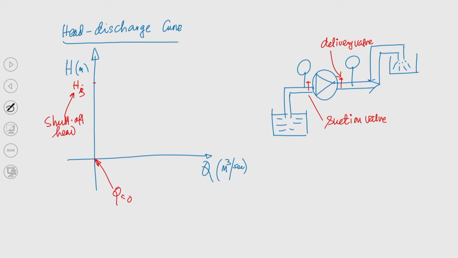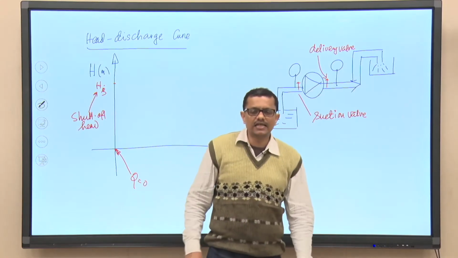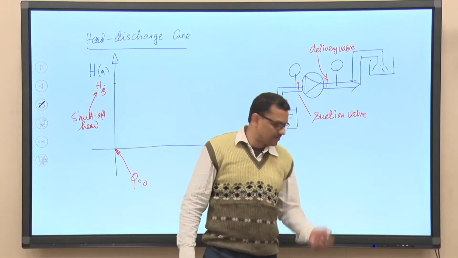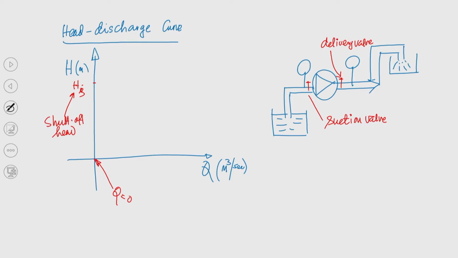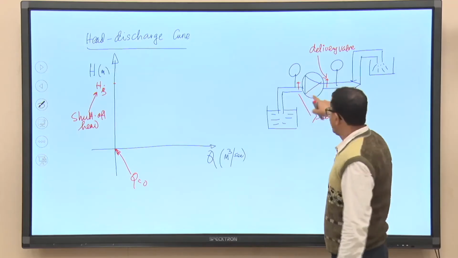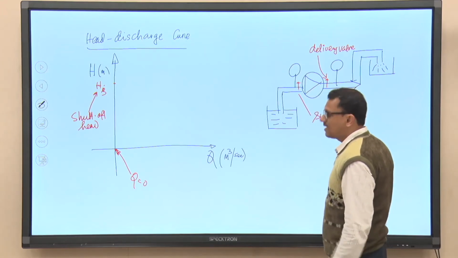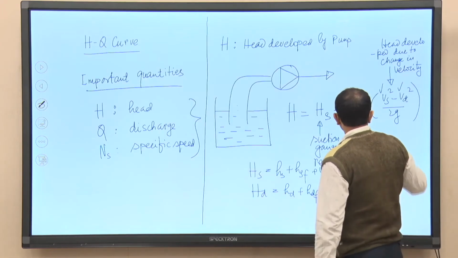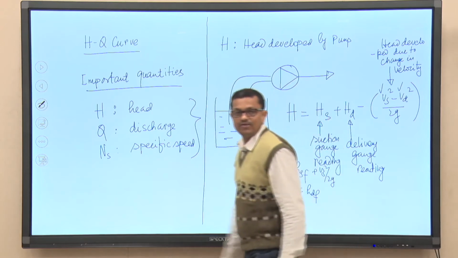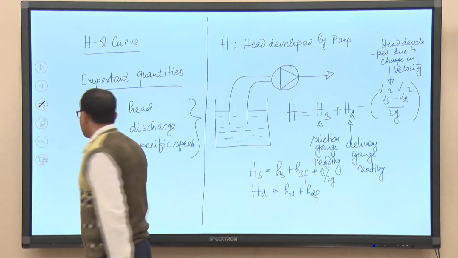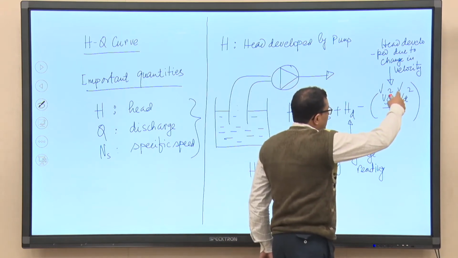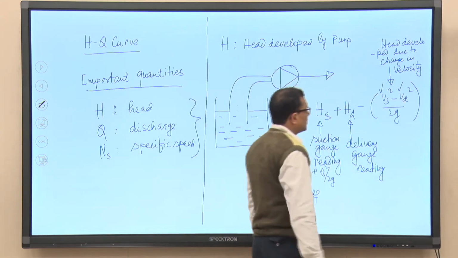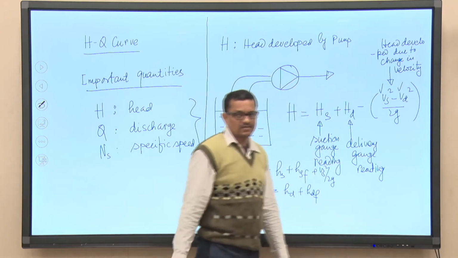Right. If we gradually open the delivery valve, that is what I was talking about, there will be flow of fluid through the delivery pipeline, and in that case we will have a finite value of Vd, right. But you can see this fellow will be positive, definitely this quantity will be less.